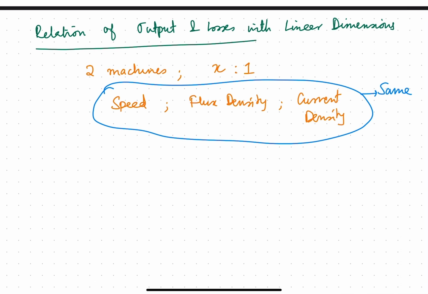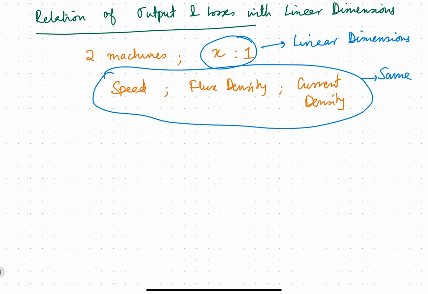So what is different? The linear dimensions. This x is to 1 is the linear dimensions. So we have to see how the change in the linear dimensions affects the output and losses of the machine.